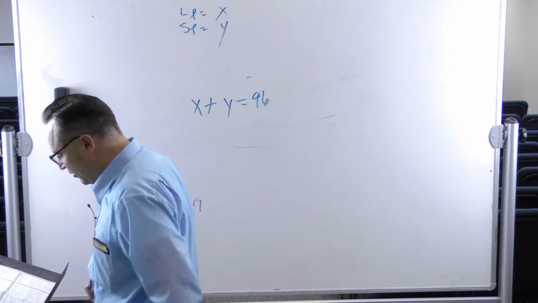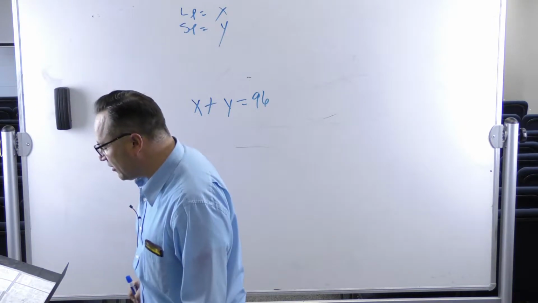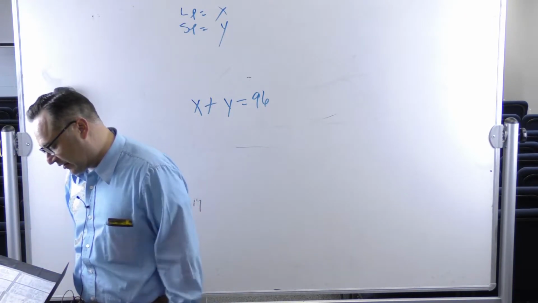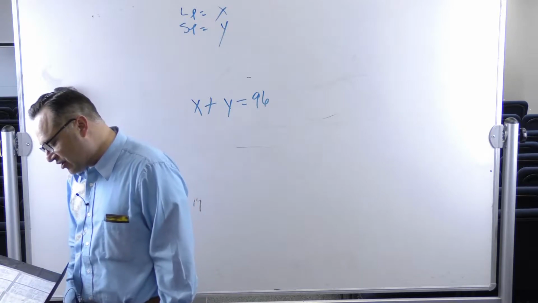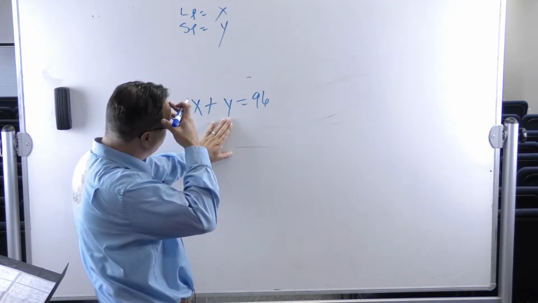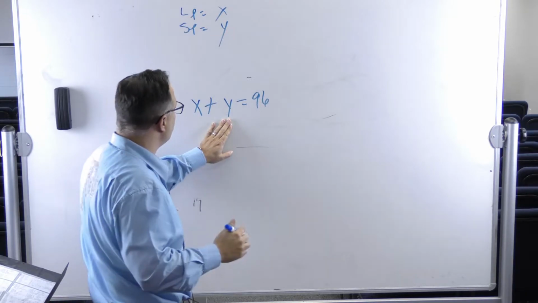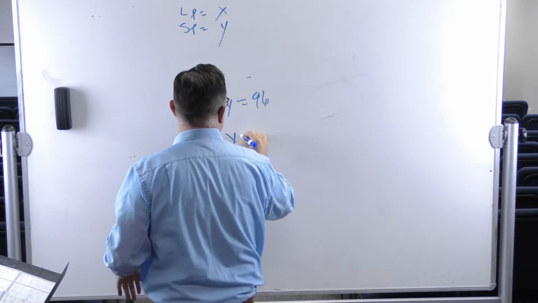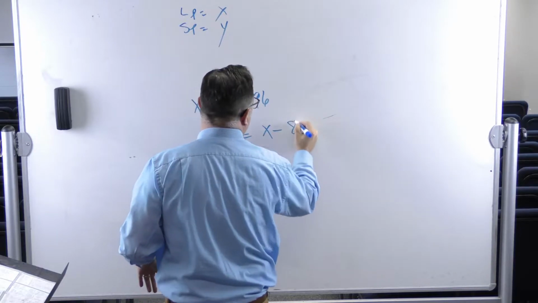Right? Because it says a 96-inch board was cut into 2 pieces, so the total is 96. One piece is 8 inches longer than the other. So we'll say this is the shorter piece. So y equals x minus 8, right?